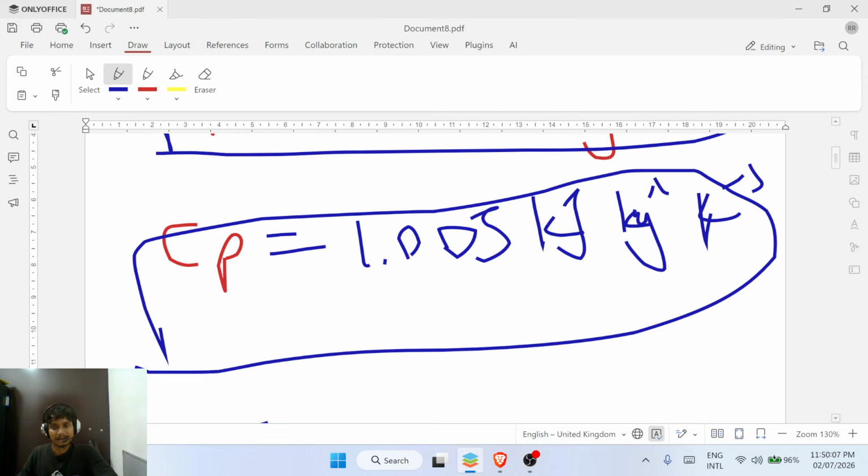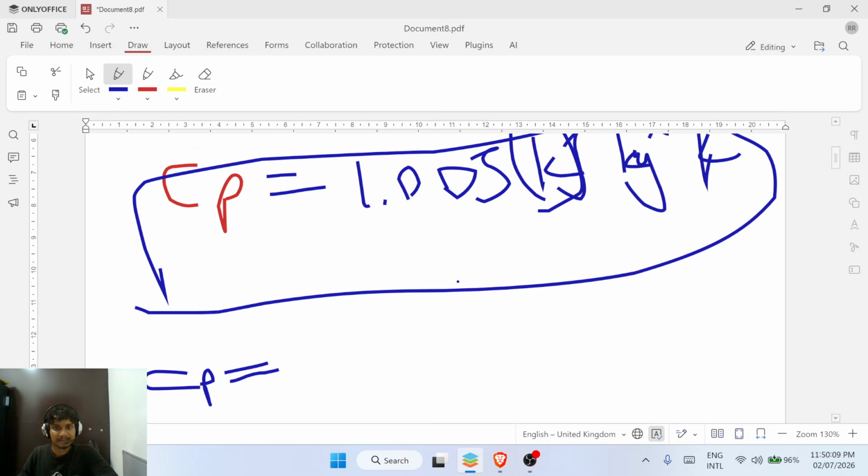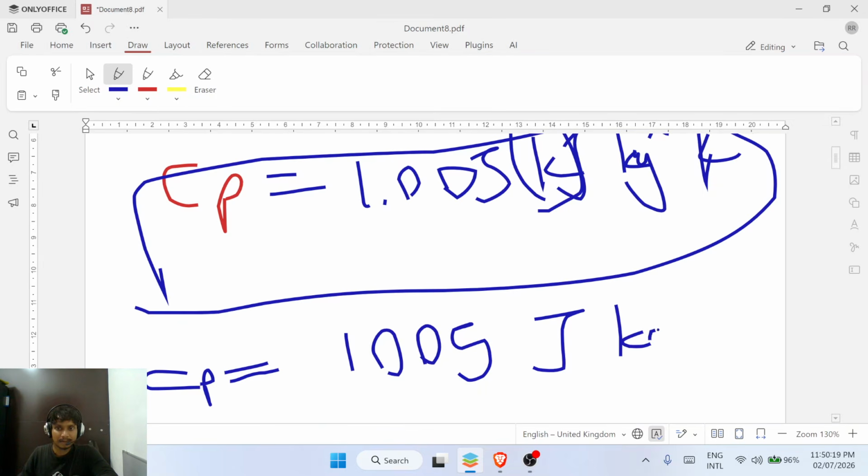For my ease I write Cp as 1005 joule kilogram minus 1 Kelvin minus 1.